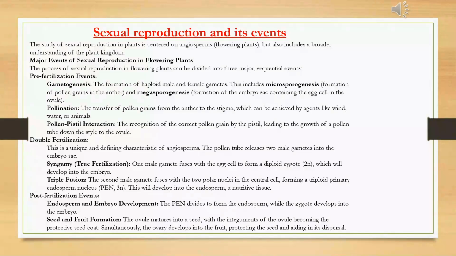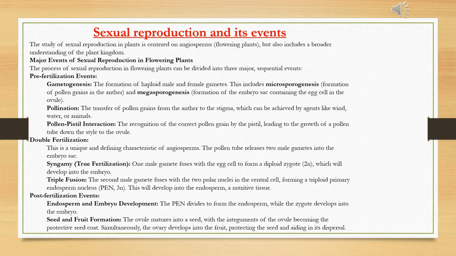Pollination means the transfer of pollen grains from the anther to the stigma, which can be achieved by agents like wind, water, or animals. Now, the next is the pollen-pistil interaction. The recognition of the correct pollen grains by the pistil, leading to the growth of a pollen tube down the style to the ovule.